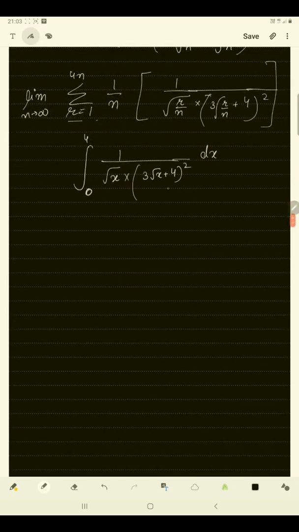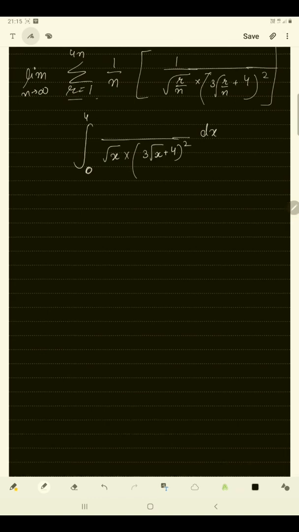Now to solve this, we are actually going to require some skills for the solving of the integration. So to solve this, we can take 3 under root x plus 4 as t. Now differentiating both sides, we have 3 by 2 root x dx is equal to dt. So we are missing 3 by 2 in this form.